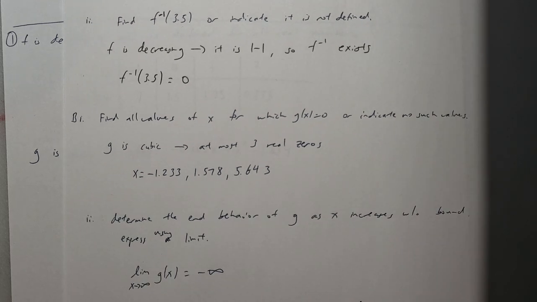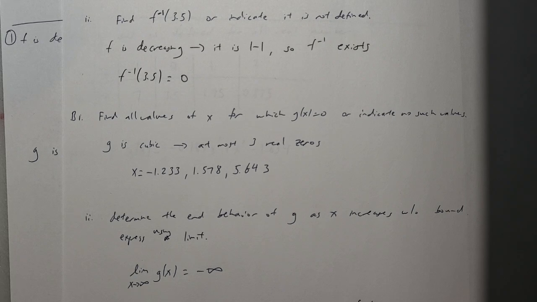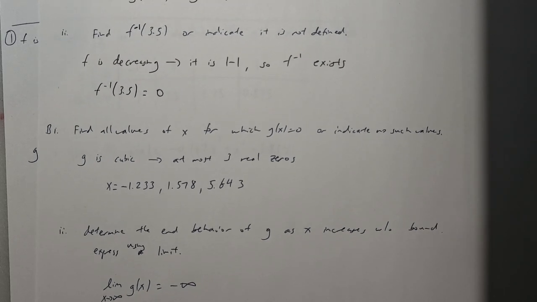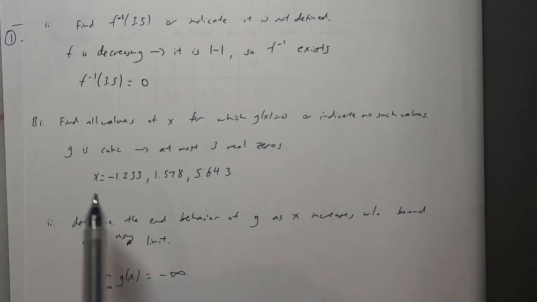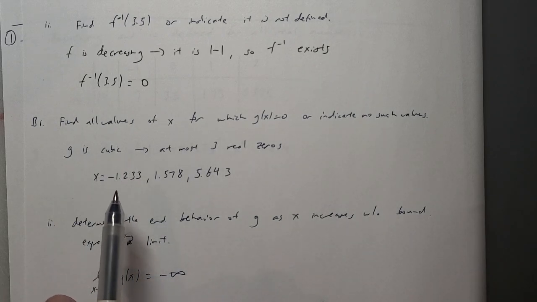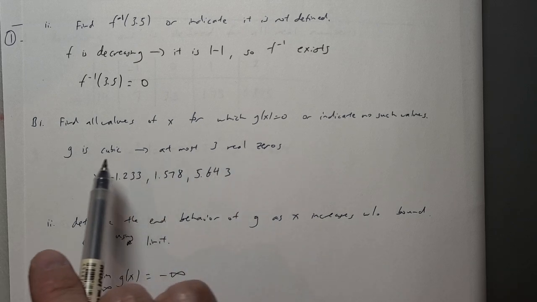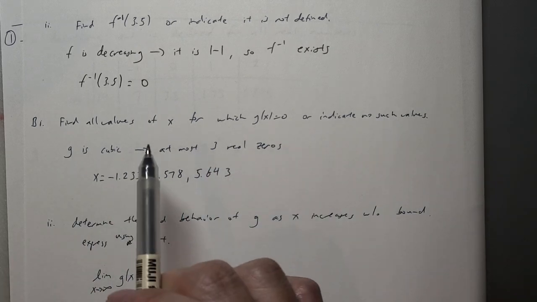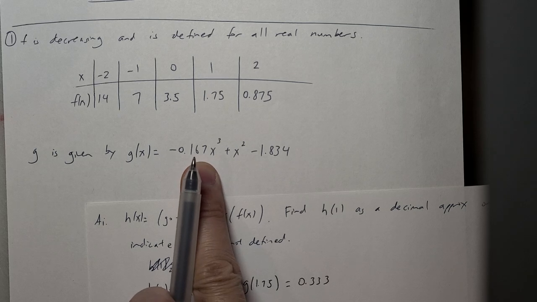All right, part B, find all values of x for which g of x is equal to 0, or indicate no such values, okay? So you could just graph it, and then use the calculator to find the roots, and these are the 3, okay? I also wrote, I don't think it's needed, but I wrote this to explain that since this is a cubic, the biggest degree is 3, okay?